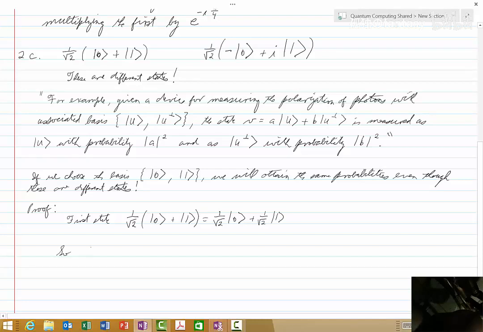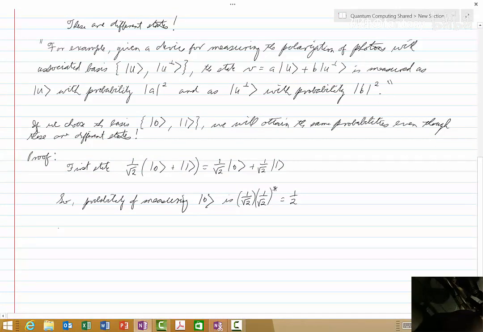So the probability of measuring zero is this number, 1 over square root of 2 times the complex conjugate of 1 over square root of 2, which of course is just 1 over square root of 2, and that's 1/2.